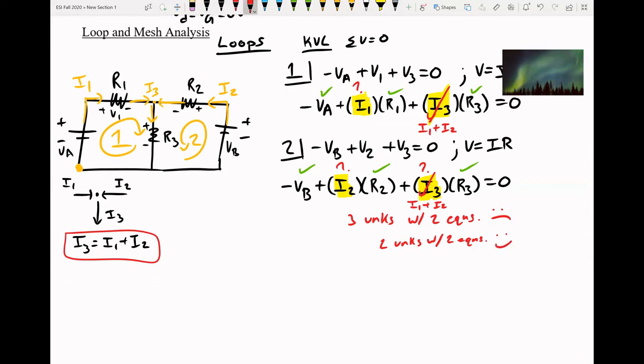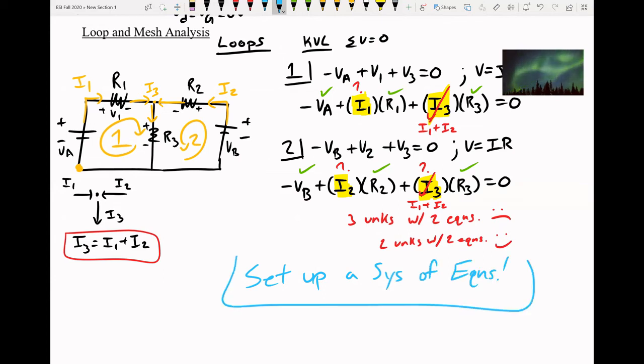And we can solve that, okay? So essentially all we're doing is setting up a system of equations, and then you solve for your unknowns.